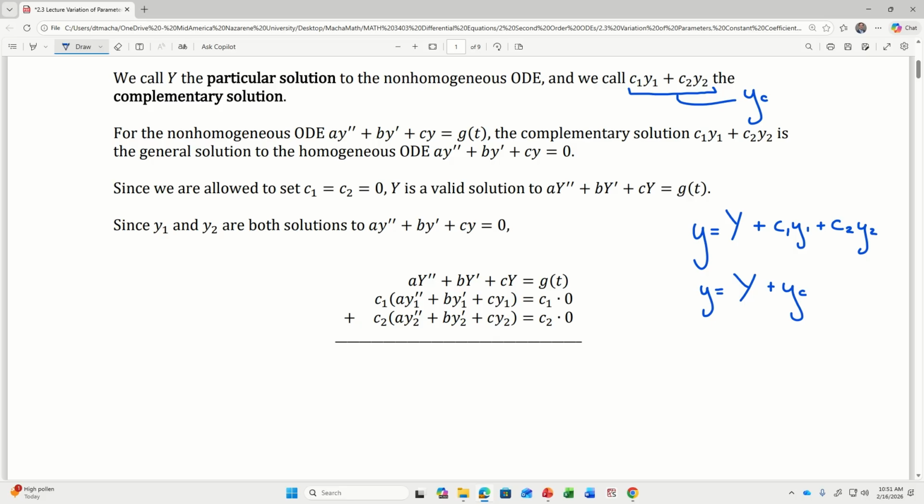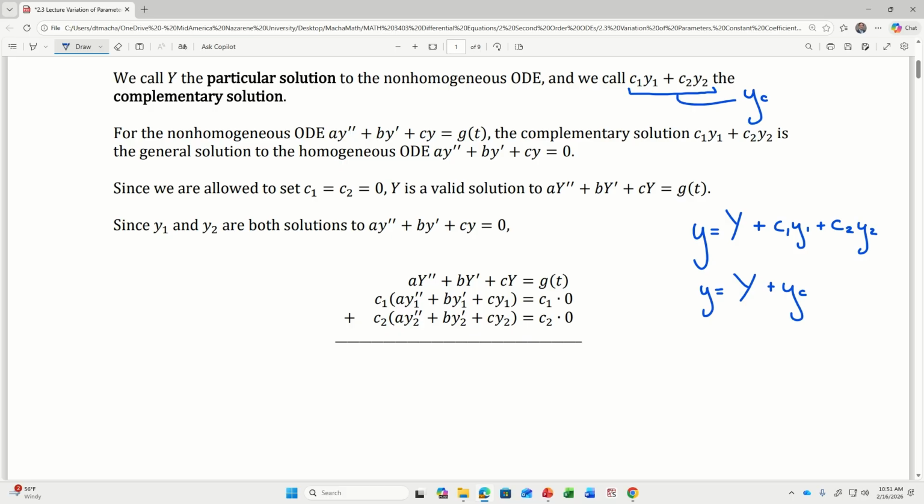Well, if I were to set these two constants equal to 0, C1 equals C2 equals 0, then you can tell one part of the general solution, an allowable solution to this differential equation, has to be just the particular solution. So that's what I'm saying here. A times capital Y double prime plus B times capital Y prime plus C times capital Y has to be equal to g of t. That has to be true as an equation.